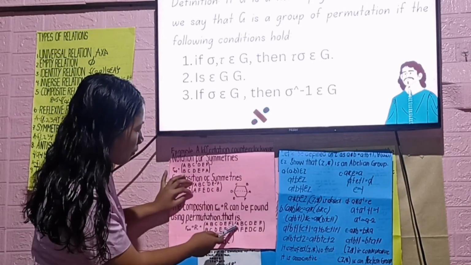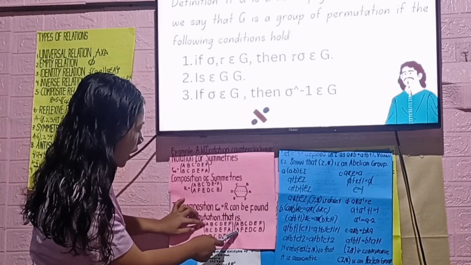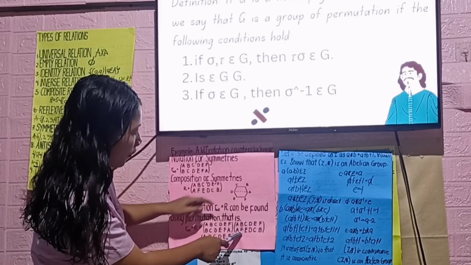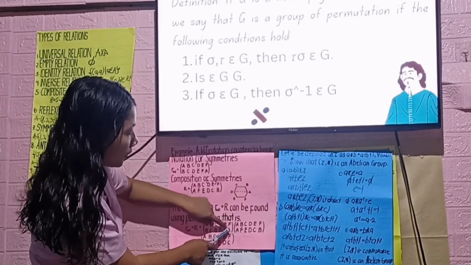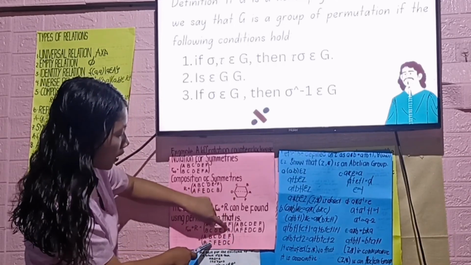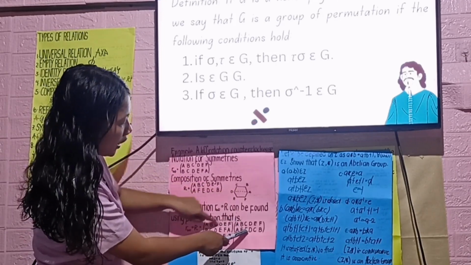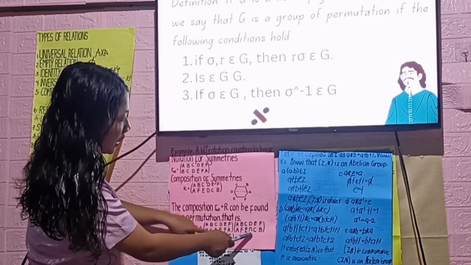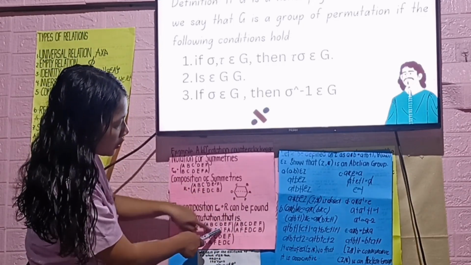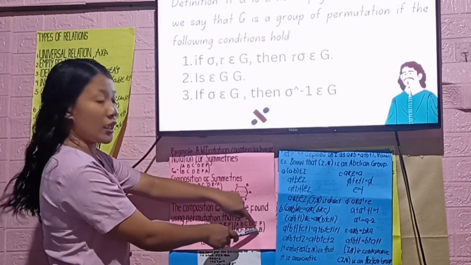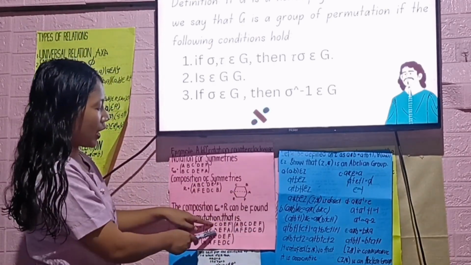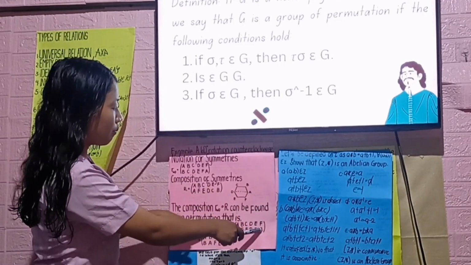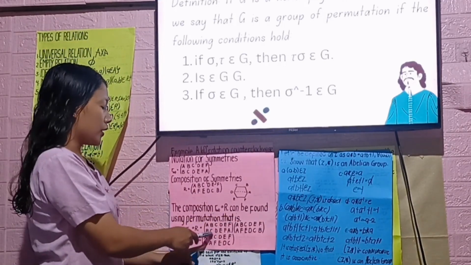A maps to A, maps to B, the result is B. B maps to F, F maps to A, the result is A. C maps to E, E maps to F, the result is F. D maps to D, D maps to E, the result is E. E maps to C, C maps to D, the result is D. F maps to B, B maps to C, the result is C.